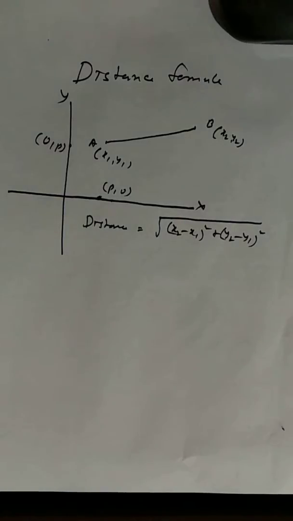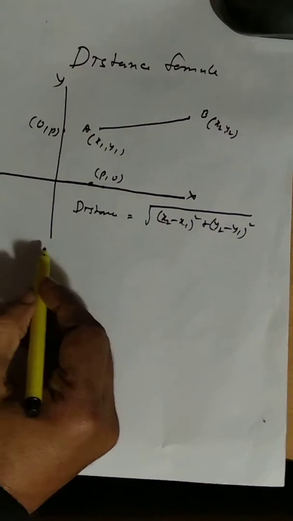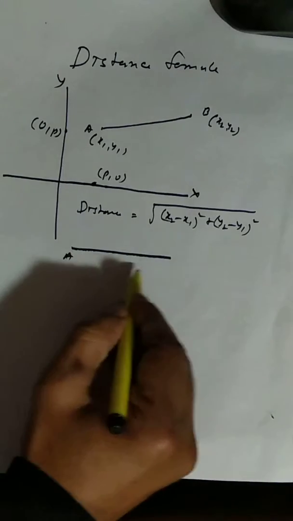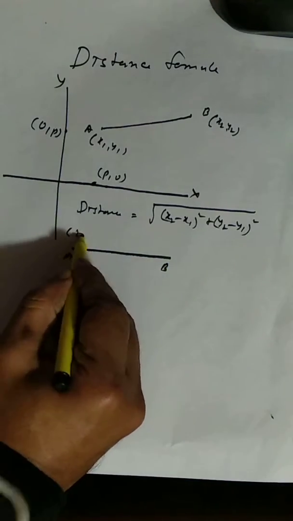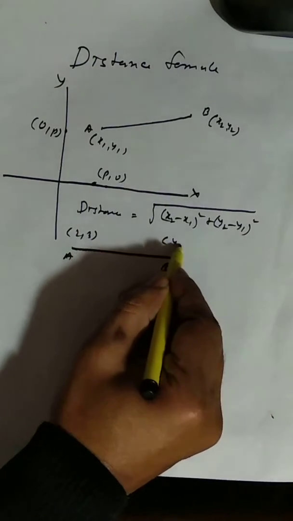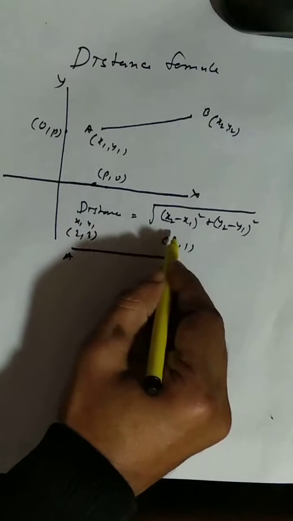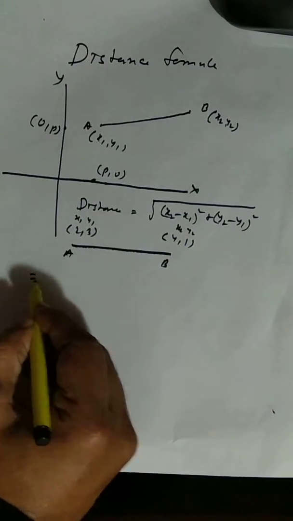Now, what is the use of the distance formula? One very simple example I'll take. Suppose I want to find the distance between 2 points A and B, whose coordinates are, say, 2 comma 3 and 4 comma 1. One of them you can designate as x1, y1 and another is x2, y2. So use the formula.